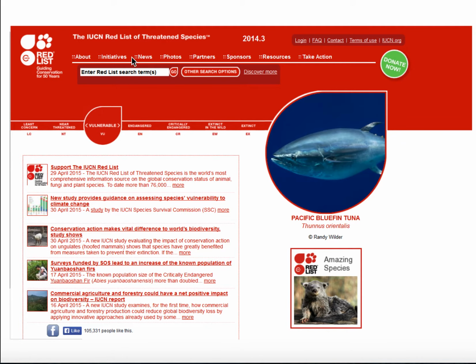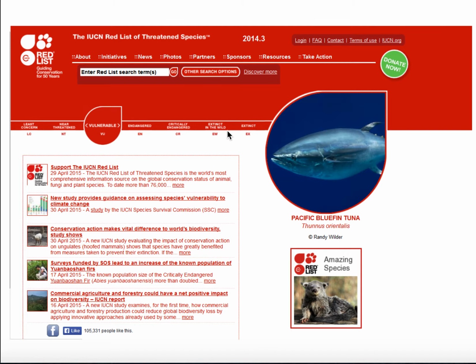So this is the IUCN Red List of Threatened Species page, and you can see here it shows you the different levels of extinction risk. Least concern, near threatened, vulnerable, so the species in this picture is considered vulnerable, or VU, endangered, critically endangered, extinct in the wild, or extinct.